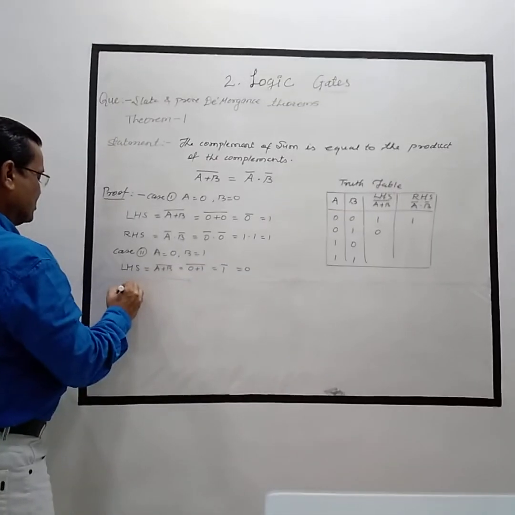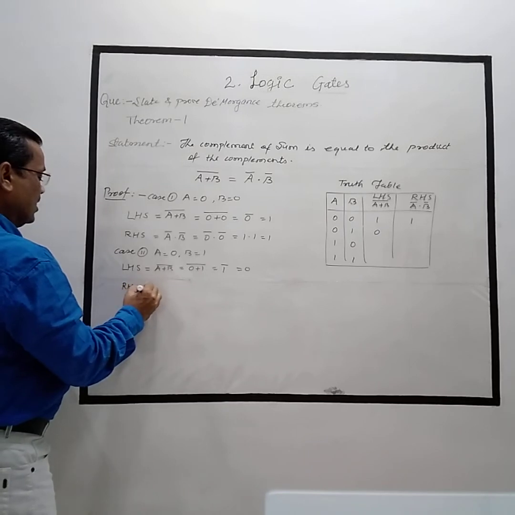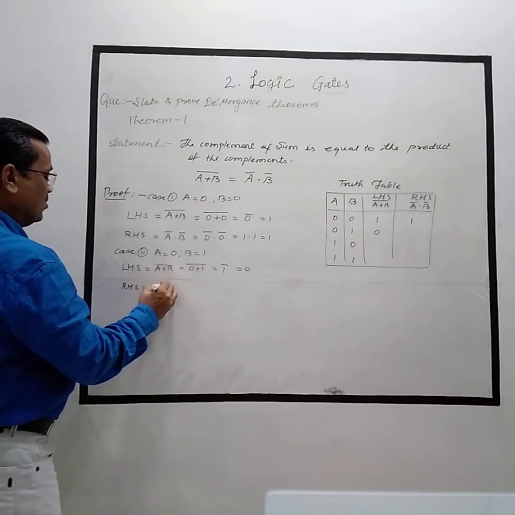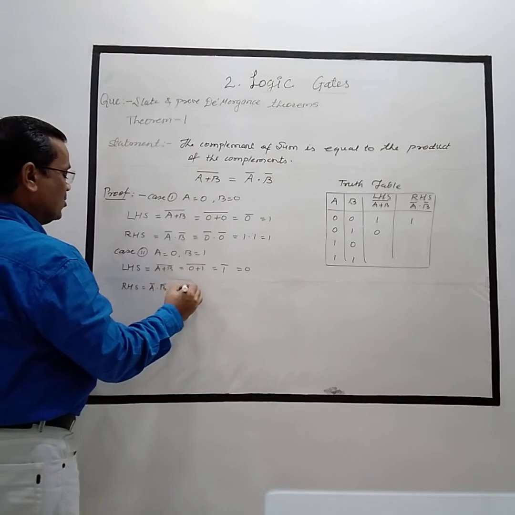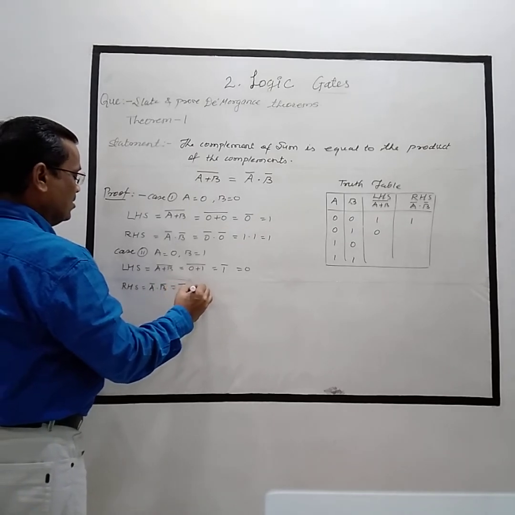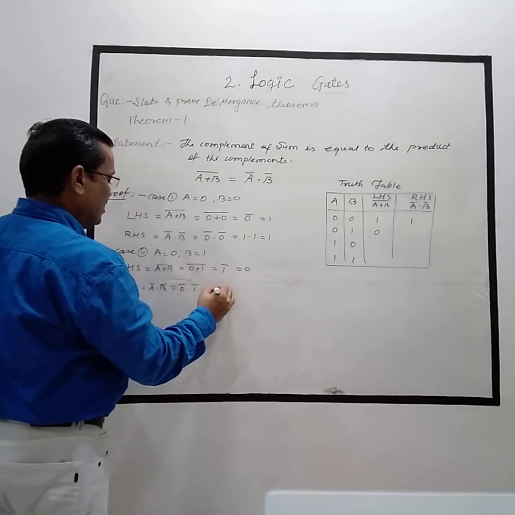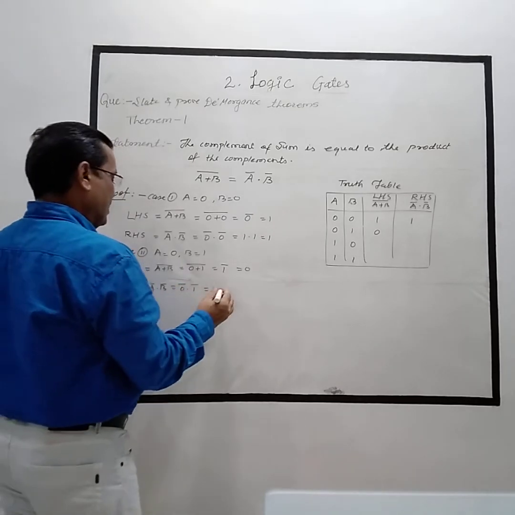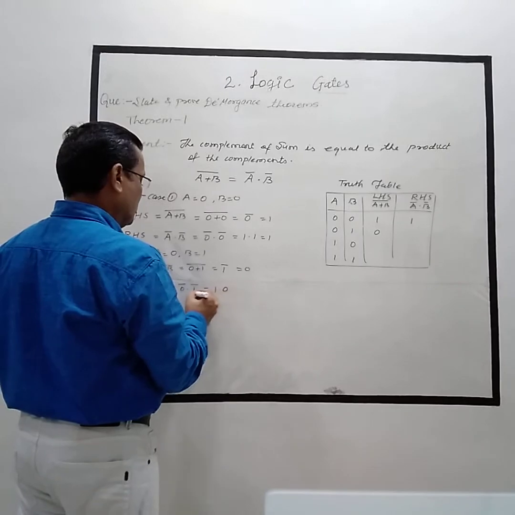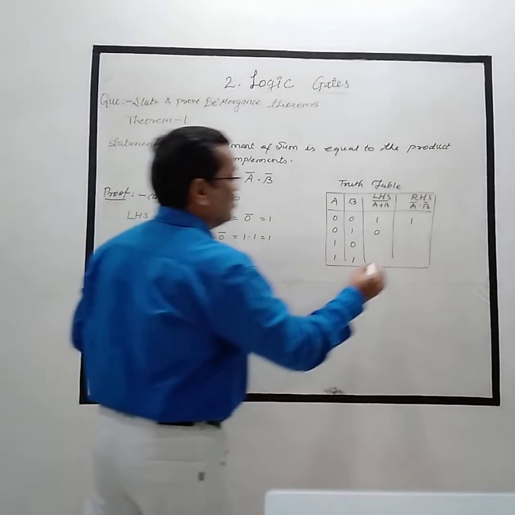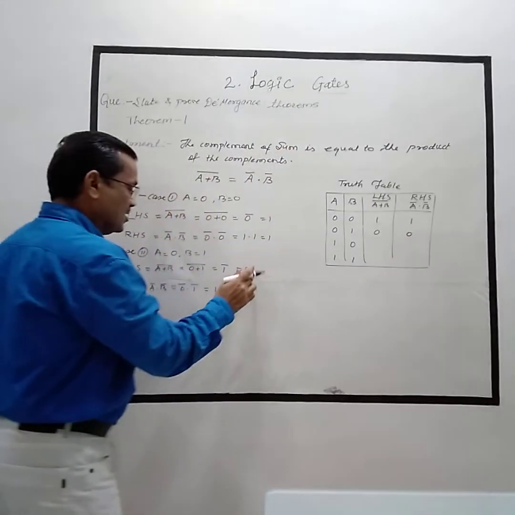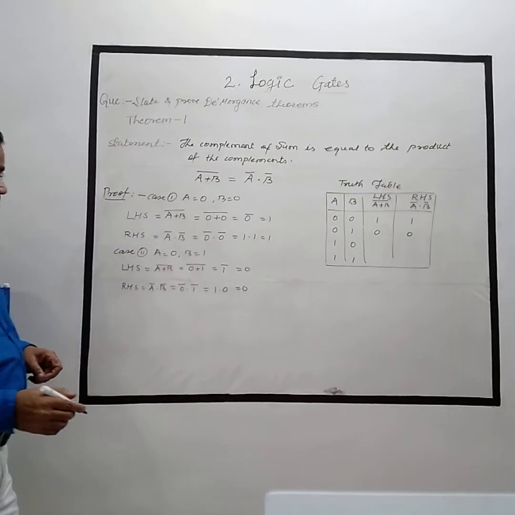RHS is A complement dot B complement. A is 0, 0's complement, dot B is 1, 1's complement. 0's complement is 1 and 1's complement is 0. So it comes out to be 0. Here LHS is equal to RHS.